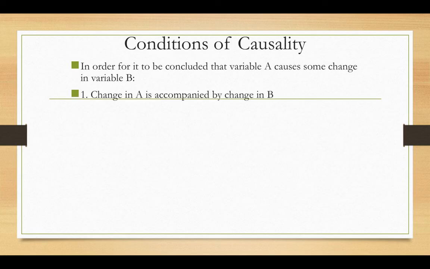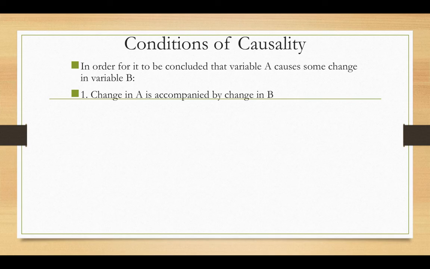Condition 1, a change in A is accompanied by a change in B. Now, what is A? A is my independent variable, B is my dependent variable. So here, David Hume said the following.